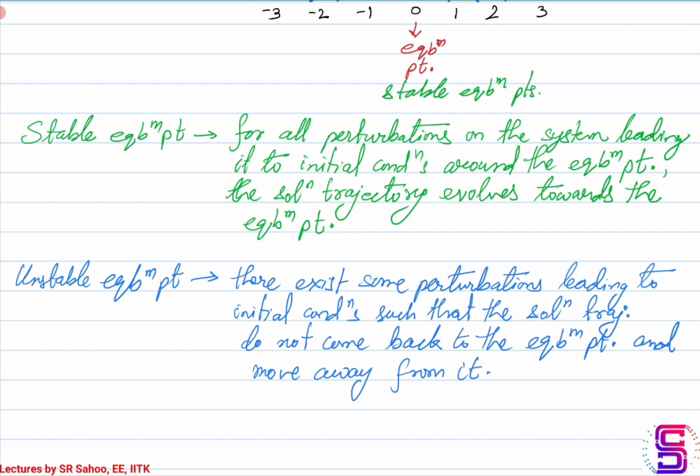So they will not come back to the equilibrium point, but instead they move away from it. Okay. So these are known as the unstable equilibrium points.